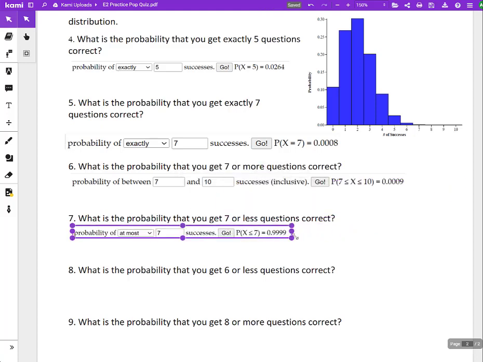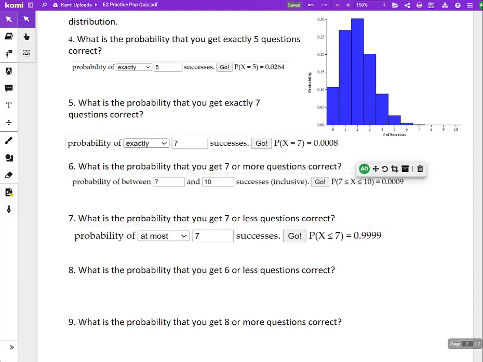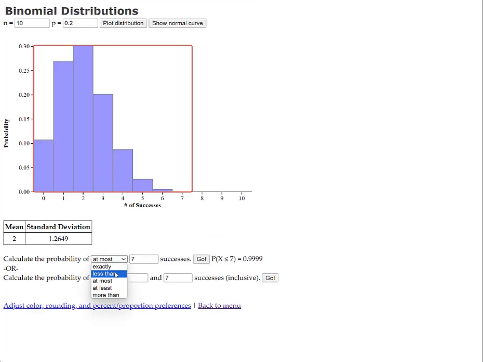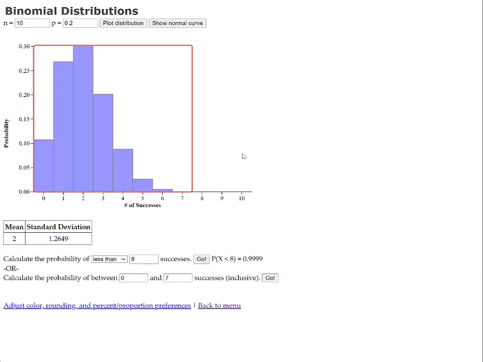And actually, let me go ahead and say less than 8. So less than 8. And I can also do 0 to 7 inclusive, like what's down there. So that works too. Whoops, that's not what I meant to do. Let me come back. There we go. Let me copy that.